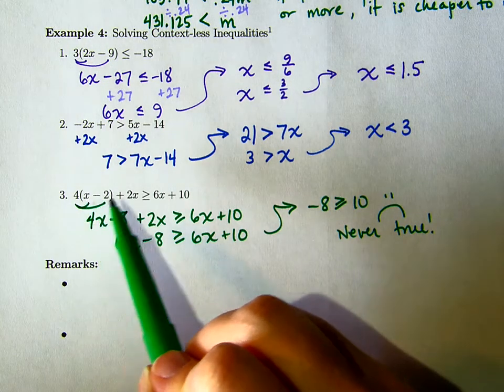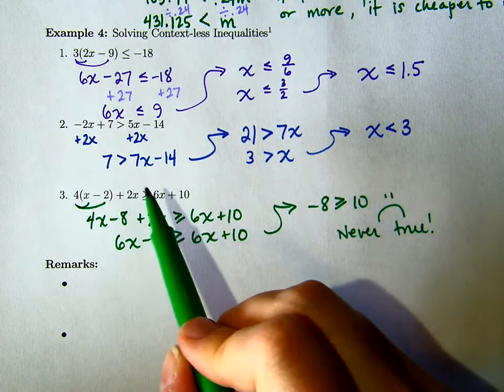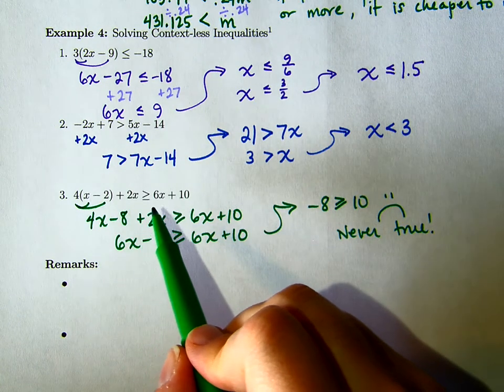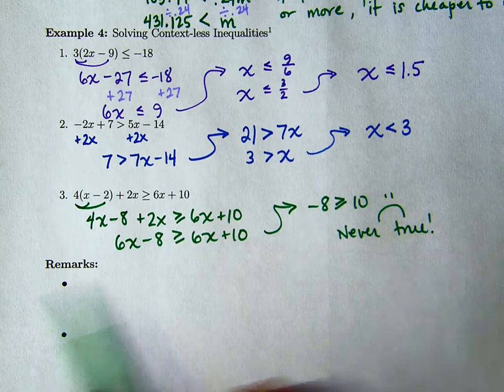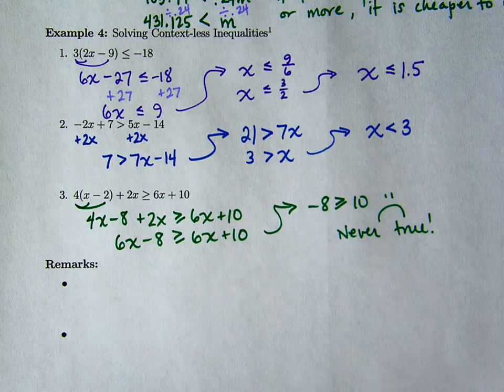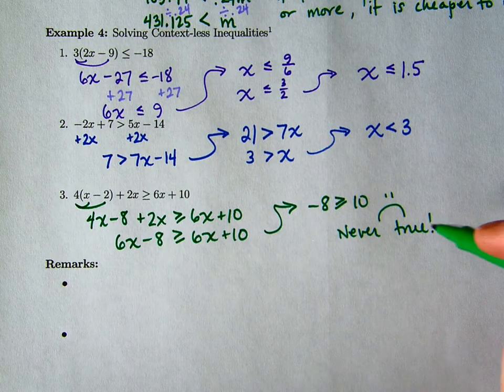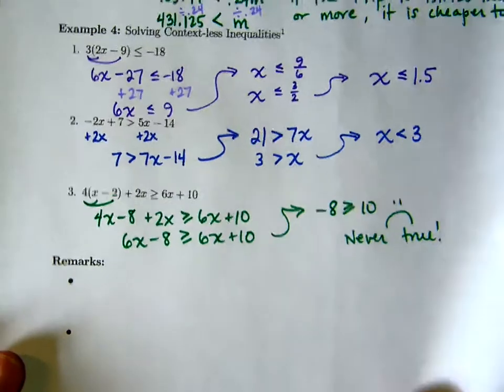Then we would have 2 take away 2 is 0, so this whole thing would be 0. 2 by 2 is 4, and that would read 4 is greater than or equal to 12 plus 10? Yeah, that's not true. So this is just never true. It doesn't matter what x value you try, it'll never work out. Okay, so it's never true for any x values, regardless of the x values.